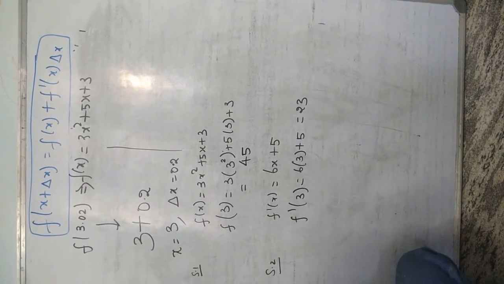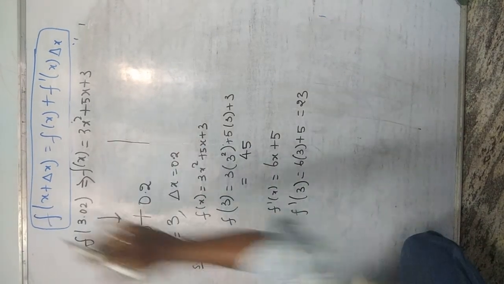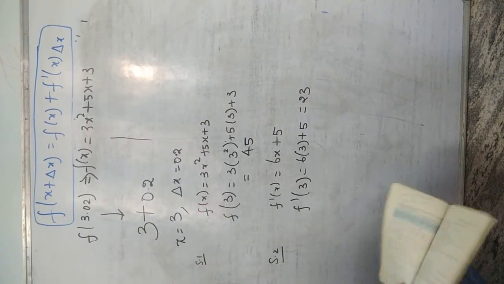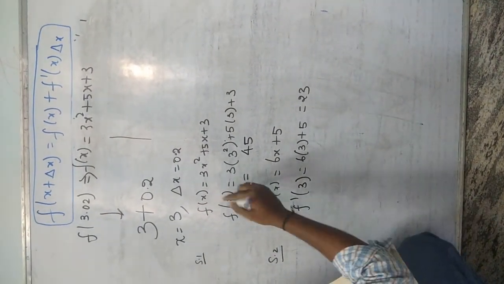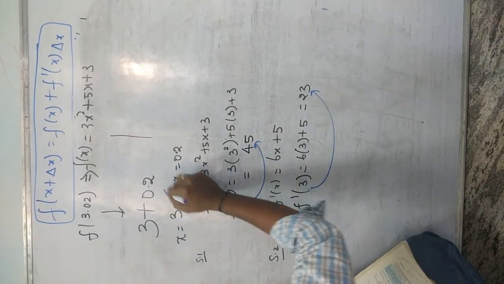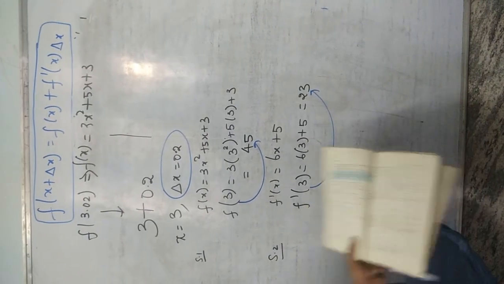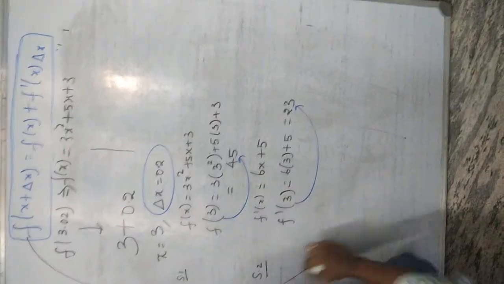Now directly substitute in the formula. There is no struggle in this, no obstacles. Just directly substitute in the formula. I will circle a few things in the blue color. F of 3 is 45, f dash of 3 is 23, and delta x is 0.02. So directly go and substitute in the formula. The formula is ready.